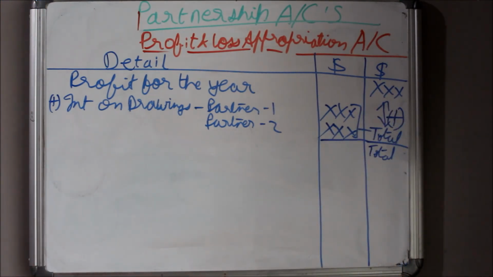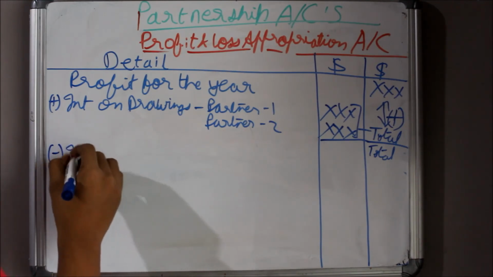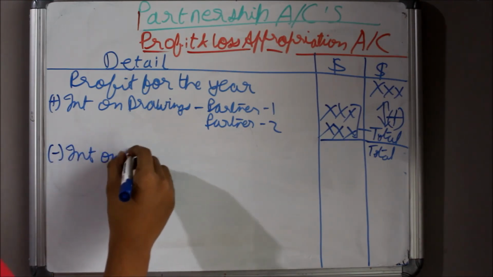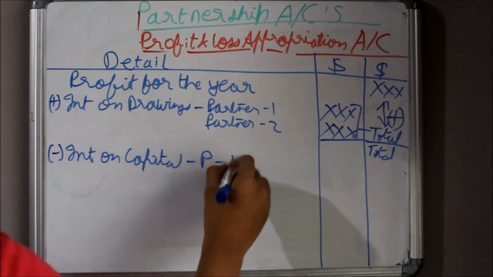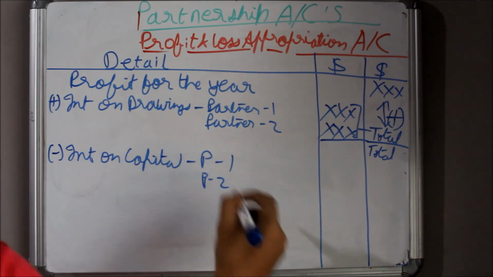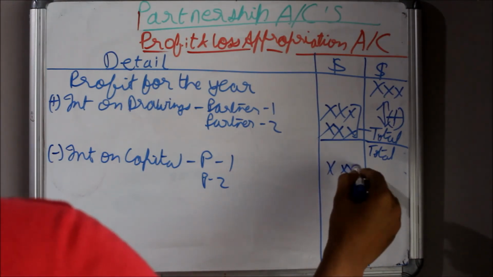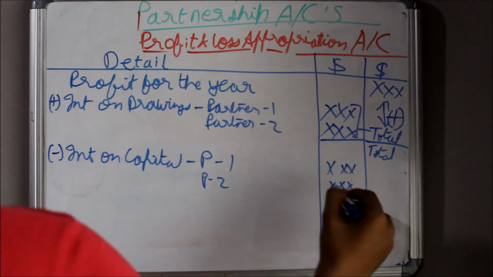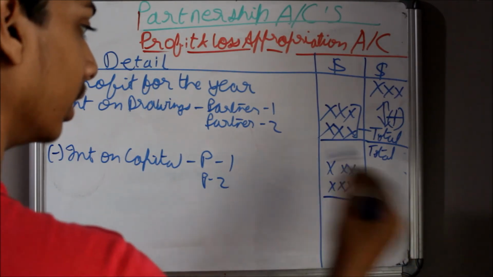Now after this, as I said, you're going to have to deduct the interest on capital. Same concept for interest on capital: partner 1, partner 2. You're going to write both the amounts over here. But you're not going to write the total over here this time.